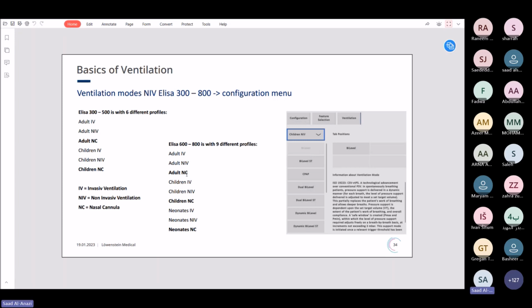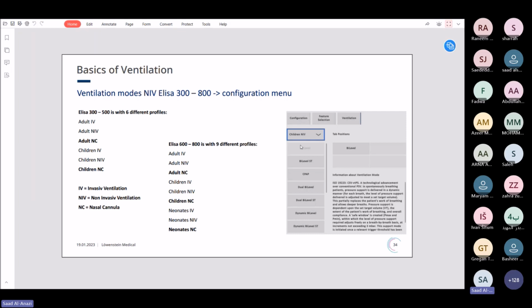Adult NIV, nasal cannula, plus we have the helmet, we have neonatal IV, and we have neonatal NIV. You just need to select the mode, then you will see at the bottom right the explanation about the mode, the concept of the mode, and what its exact name is in different companies.